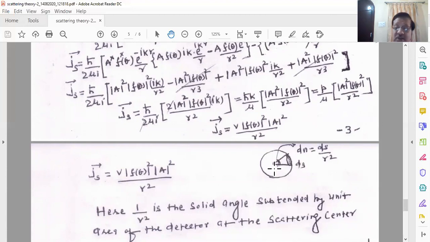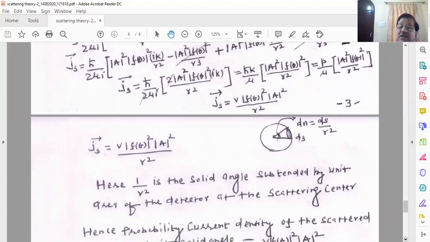Because your detector is subtending some angle, that is angle d omega, I can say that 1 upon r square is the solid angle subtended by a unit area of the detector at the scattering center.